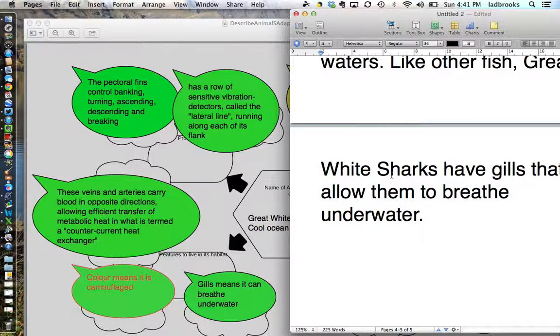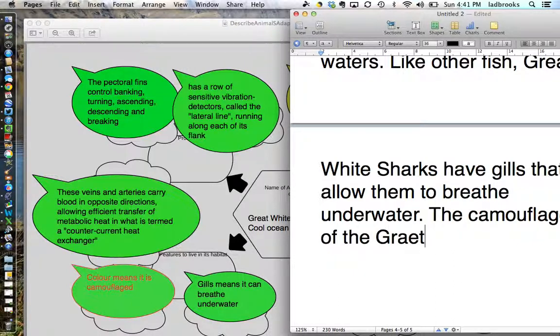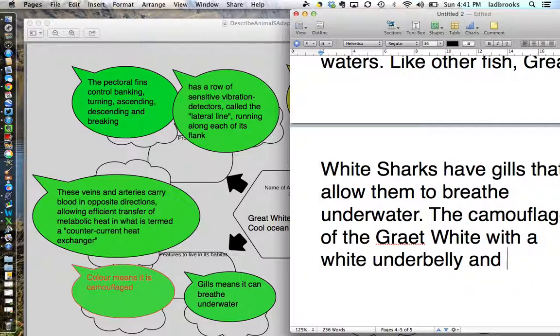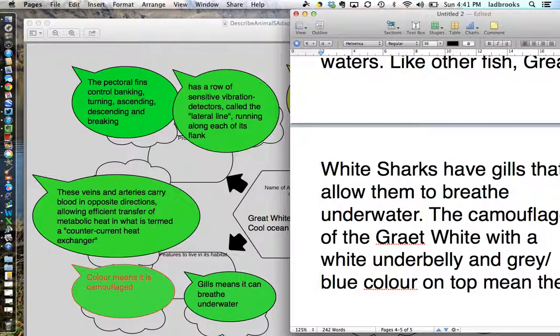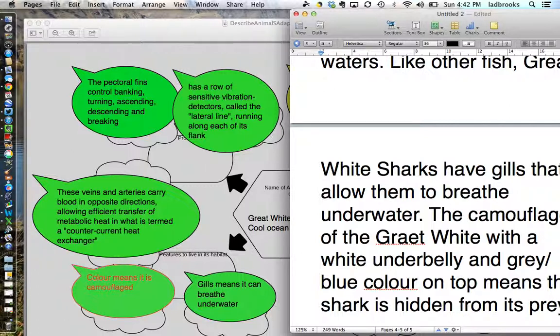So I might say something like: the camouflage of the great white shark, with a white underbelly and grey-blue colour on top, means the shark is hidden from its prey's eyes.